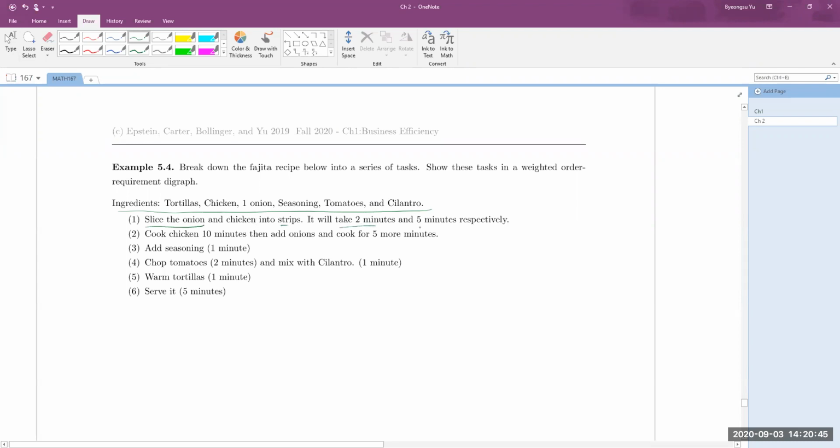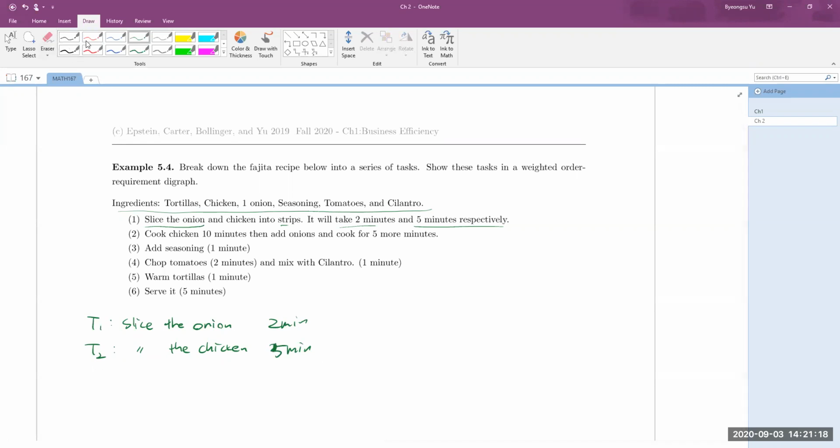And it will take 2 minutes and 5 minutes respectively. So task 1 is slice the onion, and task 2 is slice the chicken. It takes 2 minutes for task 1 and 5 minutes for task 2.